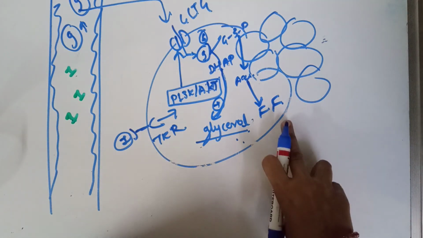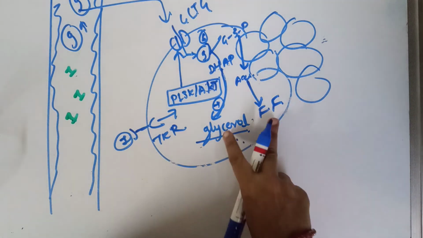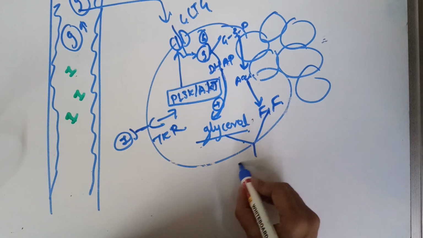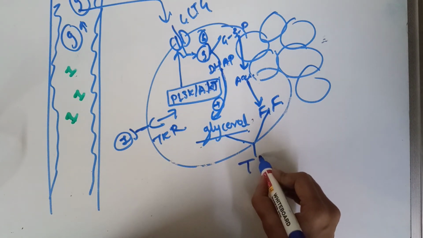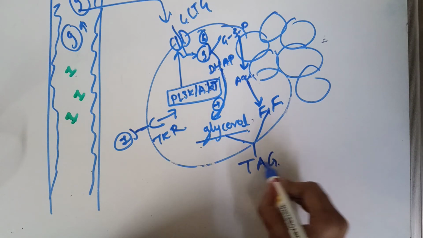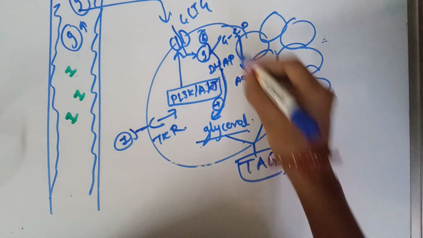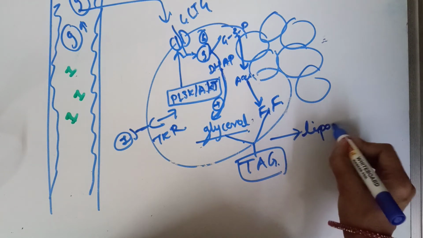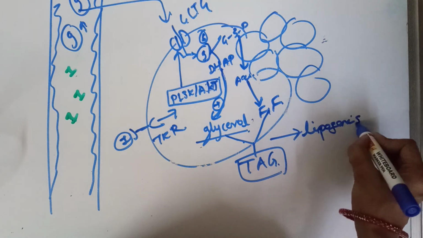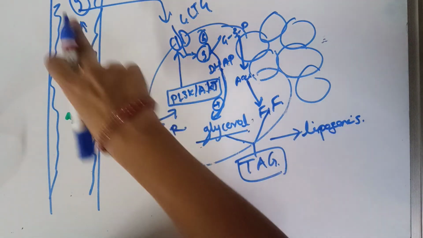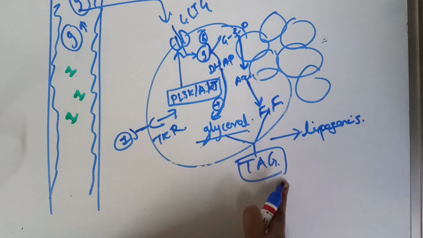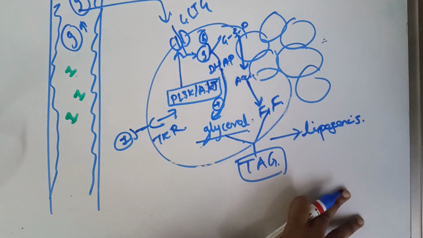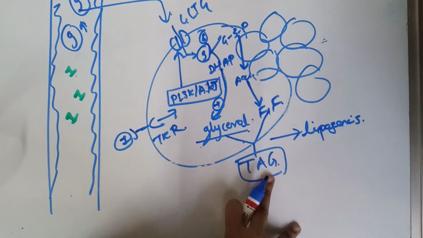Later this glycerol and fatty acids combine, and they form triacylglycerol. This process is lipogenesis. In this way also glucose is utilized, to be stored in adipose tissue in the triacylglycerol form.